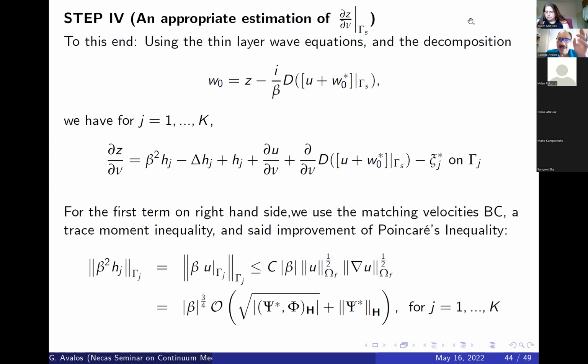Up to now, estimates of the normal derivative, as it stands, we can't use these. So to this, we use the fact that the skinny wave equation has the difference of fluxes as a forcing term. So we rewrite brutally the normal derivative equal to right-hand side and proceed to estimate right-hand side.